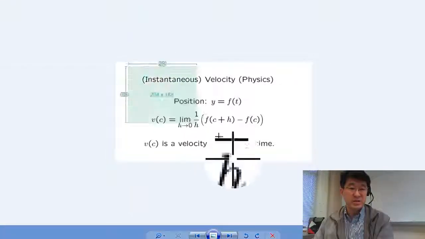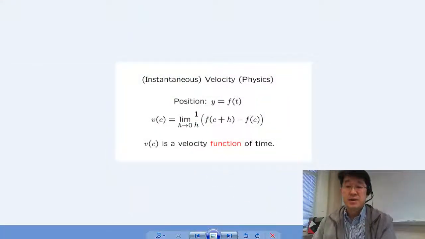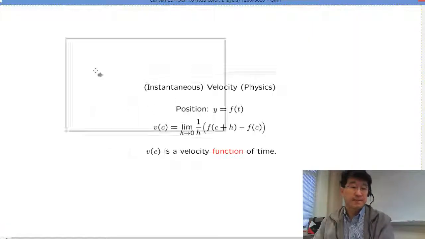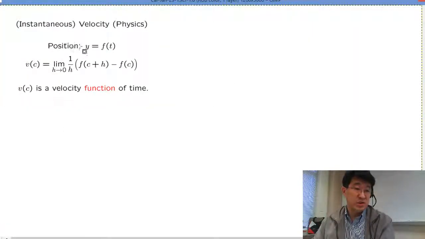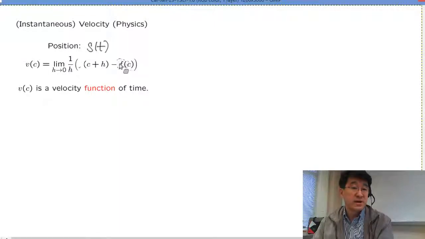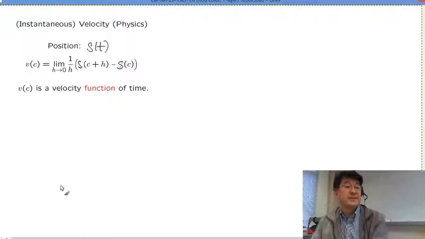All right, reviewing: instantaneous velocity is given by this formula. Let me change that to s there, s and s, velocity.